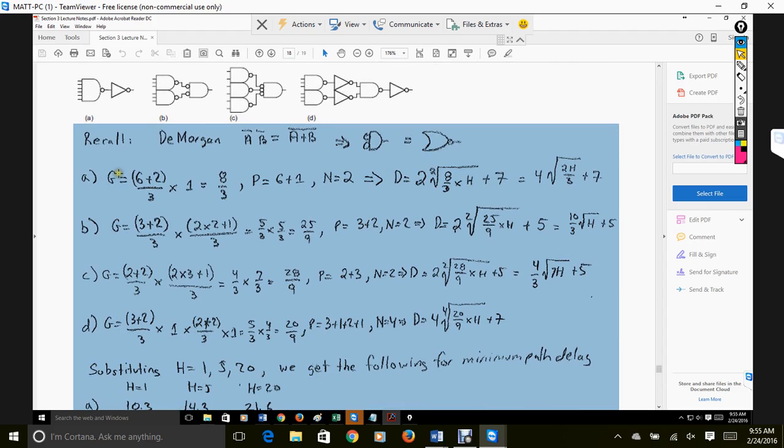So for A, we have the number of inputs, which is 6 plus 2 over 3, gives us our path effort, times 1, which is your inverter. So that becomes 8 over 3. Your parasitic delay, if we go back to our table, it's 6 plus 1, so that's 7. The number of stages is 2. And so our best delay becomes n, which is 2, times the n-th root, so that's the square root of 8 over 3 times h.